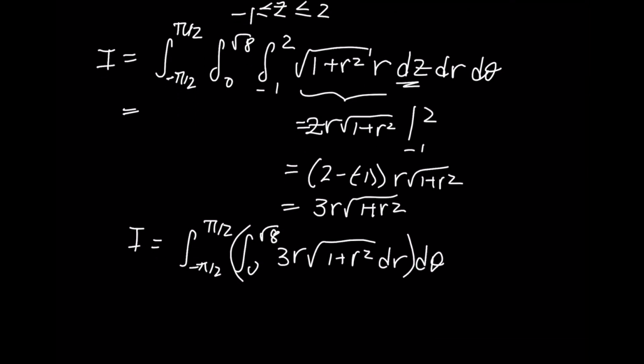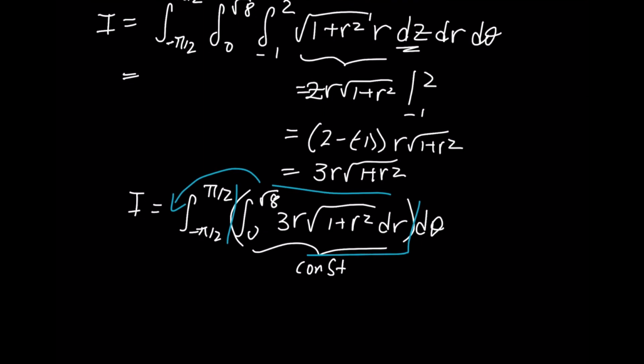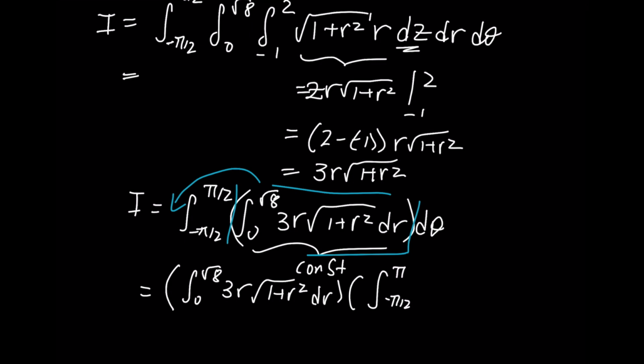Remember that this entire integral will be a constant, and as such, we can take it outside of the theta integral. At the end of the day, what this produces is an integral 0 to root 8, 3r times this square root dr, times an integral negative pi by 2 to positive pi by 2, 1 d theta.